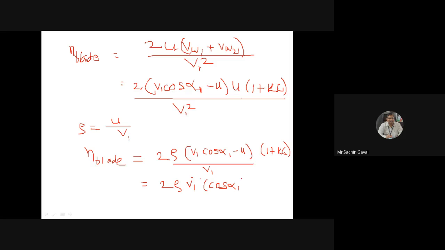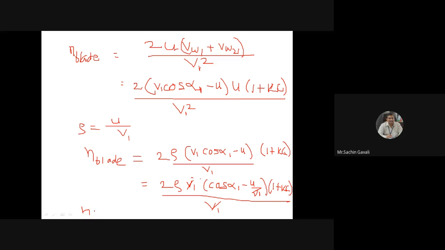And this U upon V1, into bracket 1 plus KC. Then divided by V1, and this V1 and this V1 will get cancelled and this will be called rho.